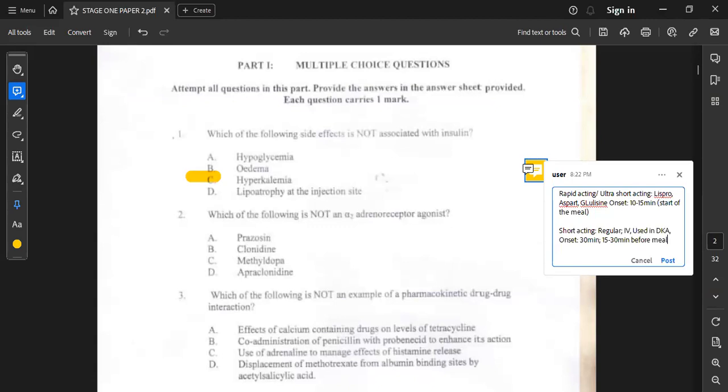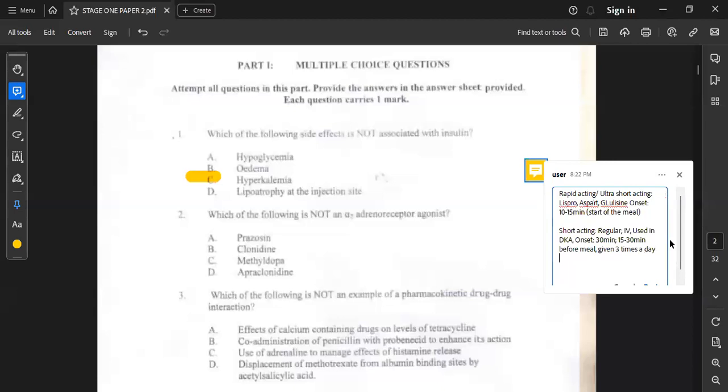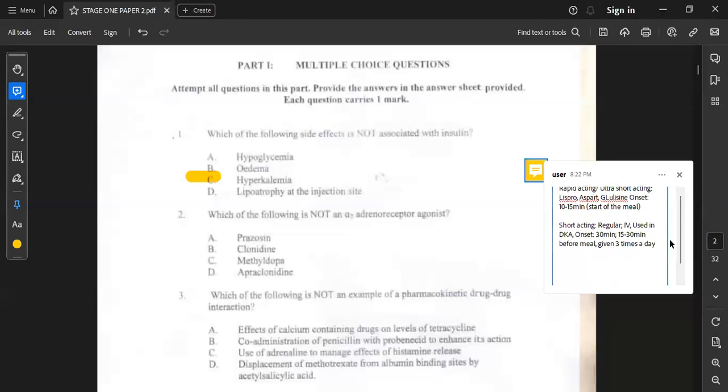Sorry, Noor. Oh, I was saying, if we are just using the short acting alone, we give it 3 times a day. Breakfast, lunch, and then supper. Not the short acting, the rapid, the first one.